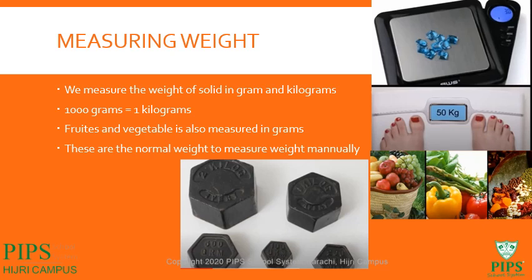We usually use these small black blocks to manually measure the weight of fruits, vegetables or other things. We normally use the electronic scale to measure the weight of the body or any other solid.